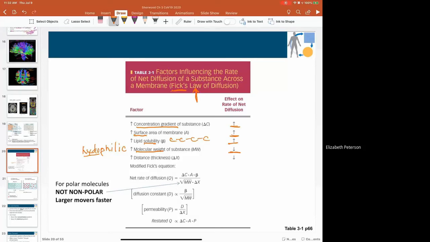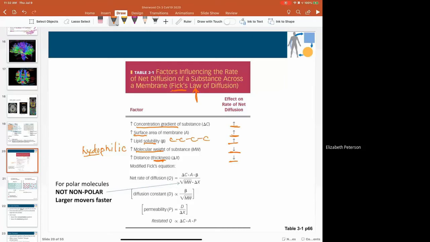If you make the membrane thicker, and sometimes in pathological situations, disease processes, you get fibrous connective tissue building up, then there's a thicker membrane to go through, or there's a thickness between where the blood vessels are and the cells are, then the diffusion rate goes down.